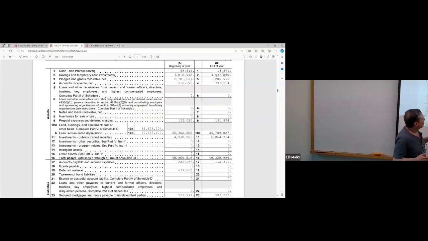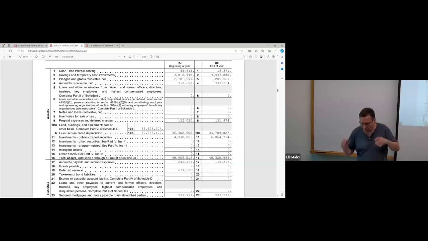Traded securities are supposed to be liquid. You can make them liquid in one day or sometimes even one hour. But there may be securities that are less liquid. There may be some kind of restrictions, and therefore they appear in the balance sheet as investments and not as cash and cash equivalent.